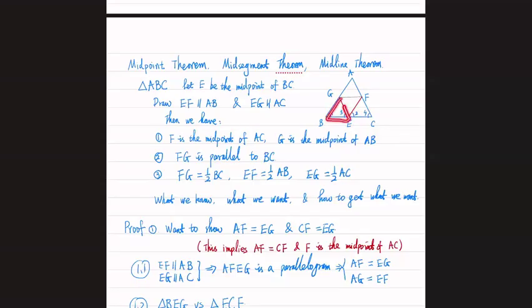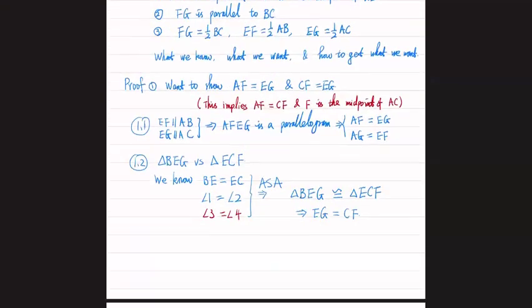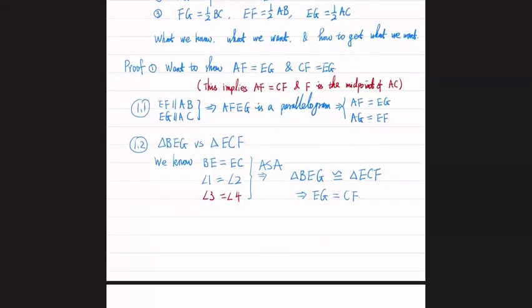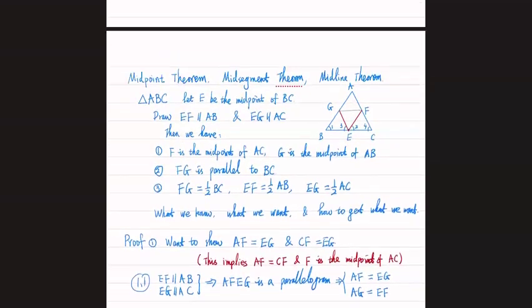The two triangles are congruent. In particular, these two sides have the same length, so F is the midpoint. So for this one, we proved that F is the midpoint. Let's put a check mark.